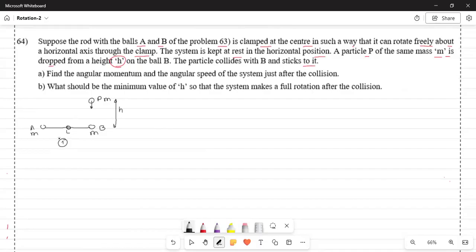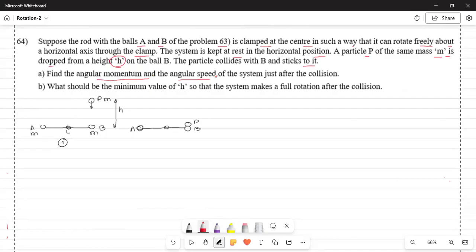And position number two is this: this is B, this is A, and P sticks to it. This is the fulcrum. The question is, find the angular momentum and angular speed of the system just after collision.